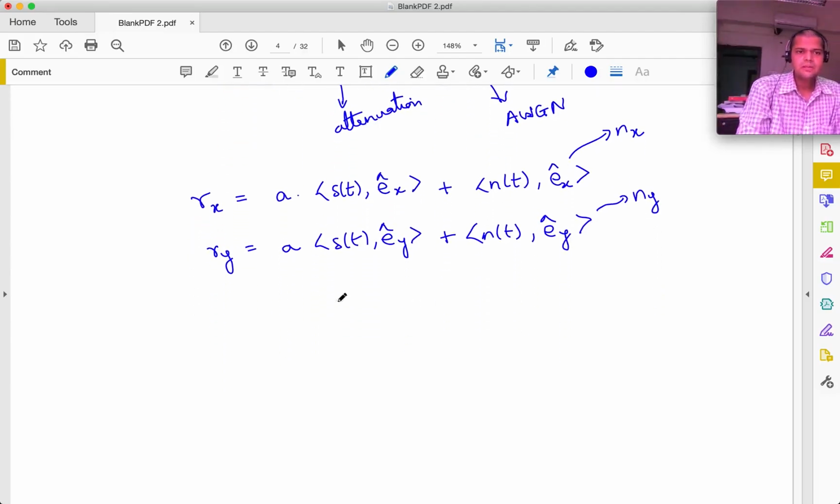Okay, so what is happening in the time domain is very tricky. This is my signal which I was sending out. Let's say it looked something like this.